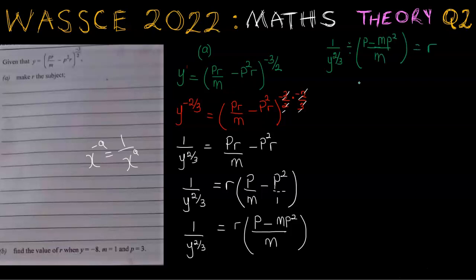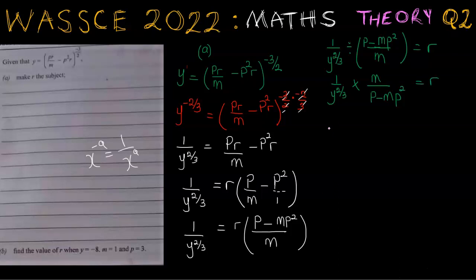So I've got r here because (p minus mp squared) over m would cancel (p minus mp squared) over m. And we know division of fractions, whatever is on the right side of the division sign is going to be flipped, and the division sign is going to change to a multiplication. So this is going to be m over p minus mp squared.